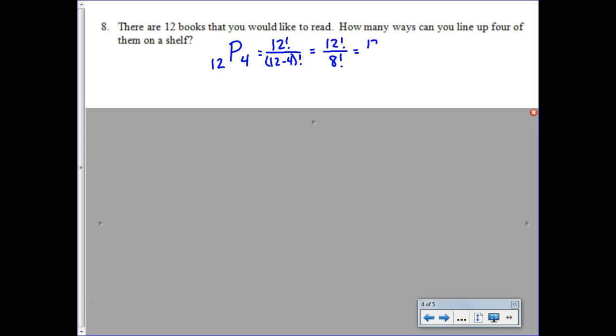This is 12 times 11 times 10 times 9 times 8 factorial over 8 factorial. Those cancel, so now I'm just left with 12 times 11 times 10 times 9. And I get 11,880 ways.